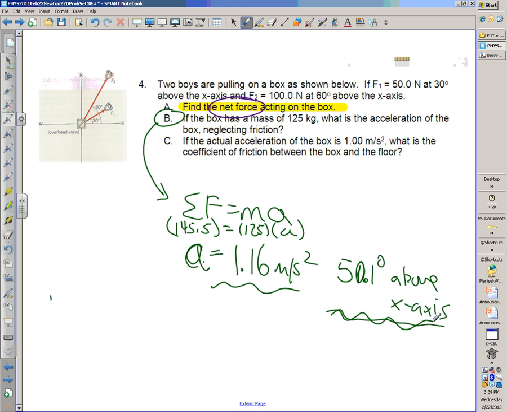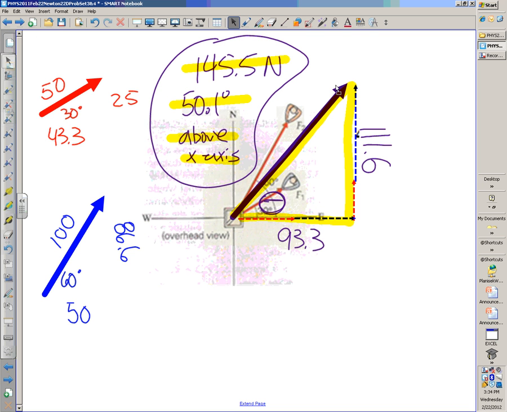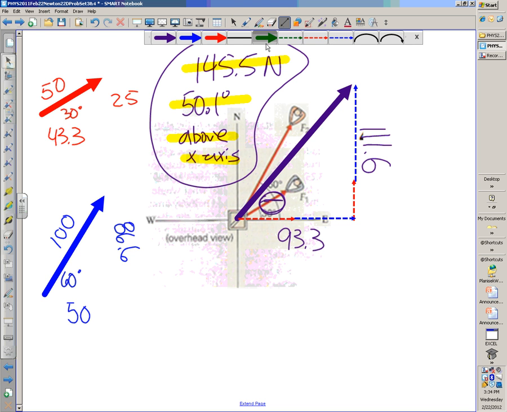If that's the case, and we go back to this picture, if the motion is occurring in the direction of this purple arrow, that means that the frictional force has to be exactly opposite of that motion, or opposing that motion.